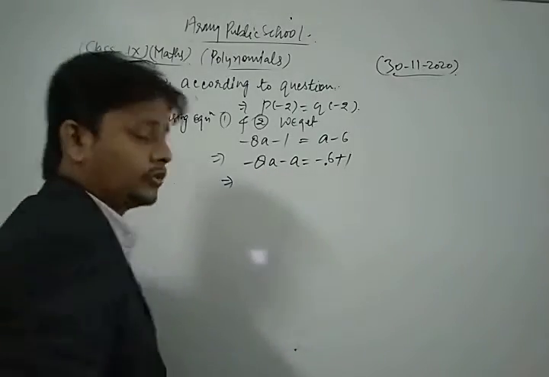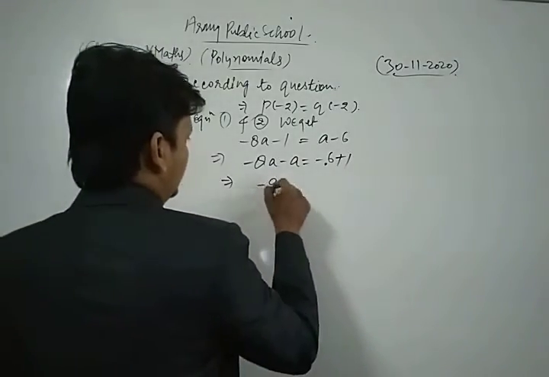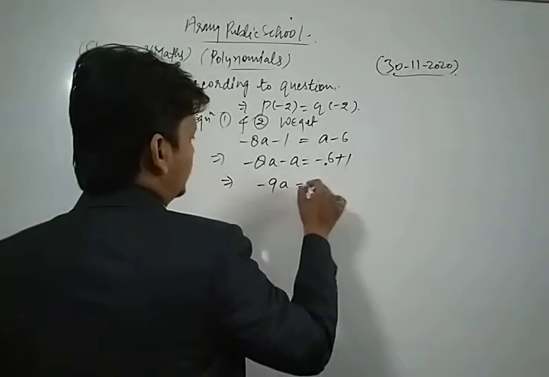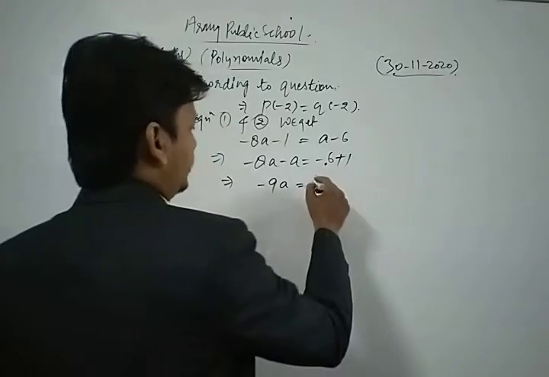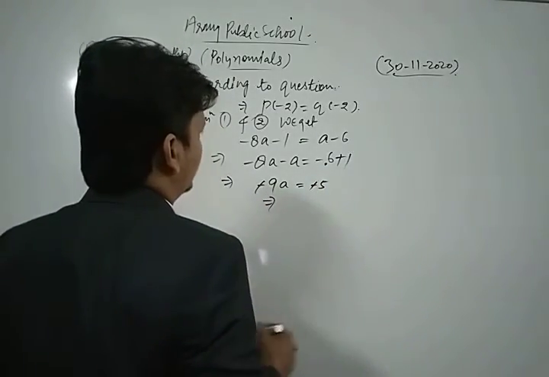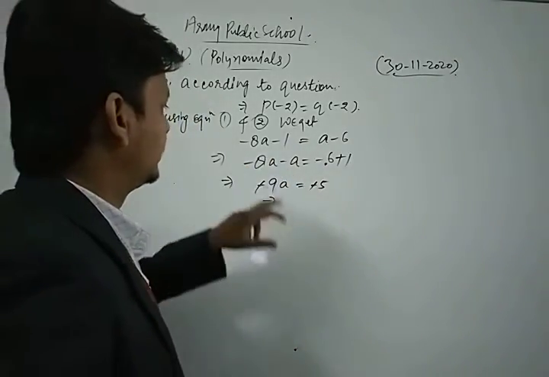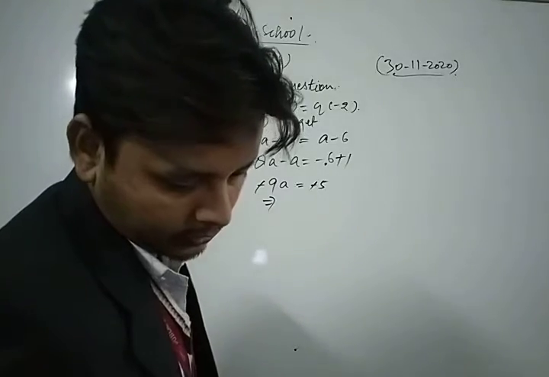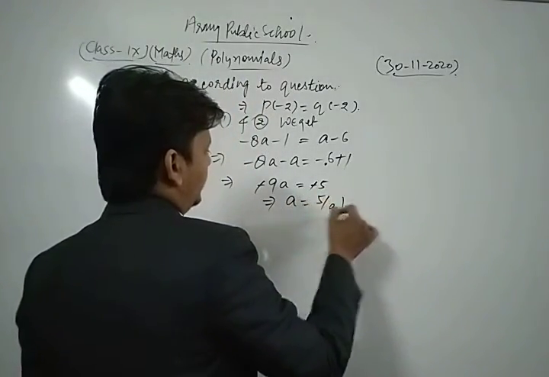Minus 8a minus a is minus 9a, and minus 6 plus 1 is minus 5. The minus signs cancel each other, so 9a equals 5. So a is equal to 5 by 9.